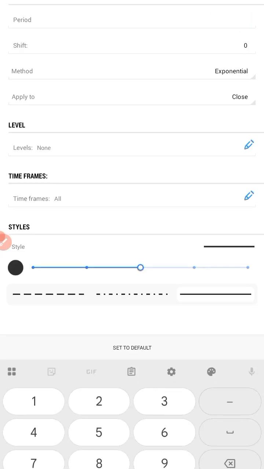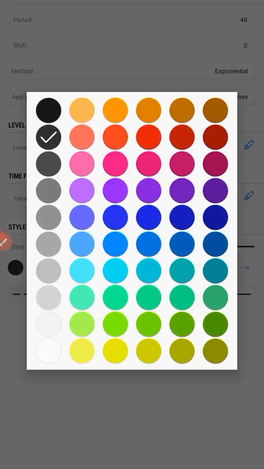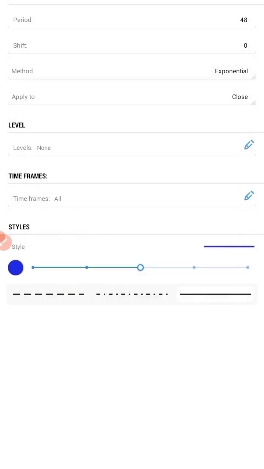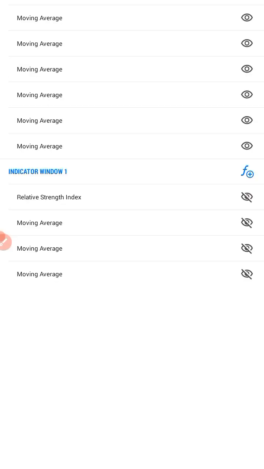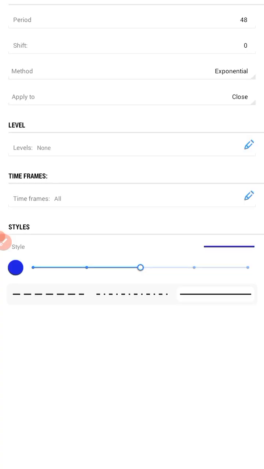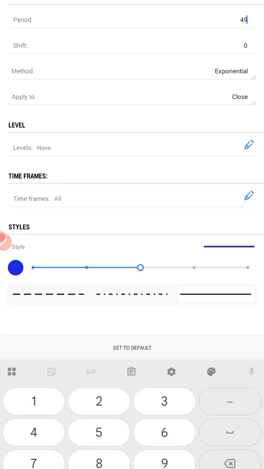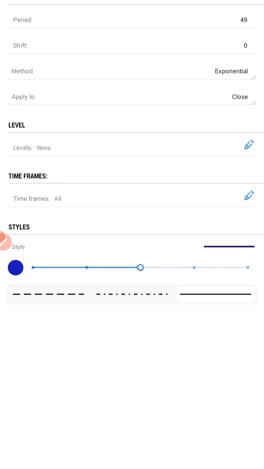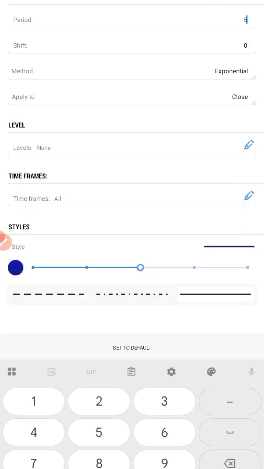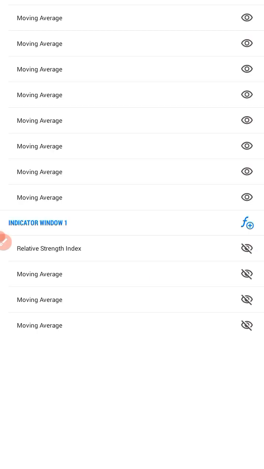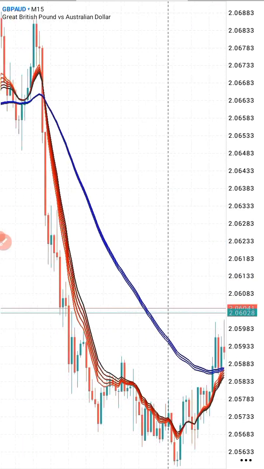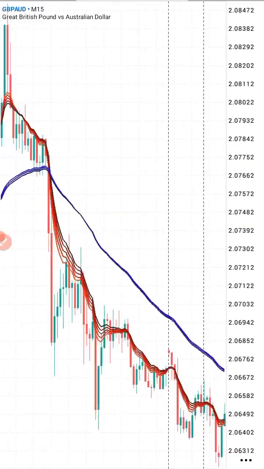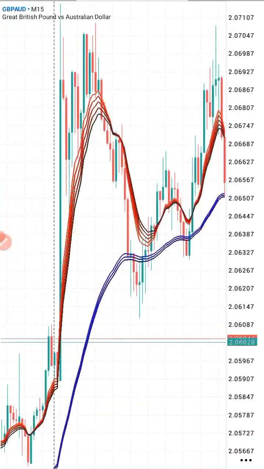Okay, let's start from 48, 49, and then 50. You see it? 50. So you see how it is.